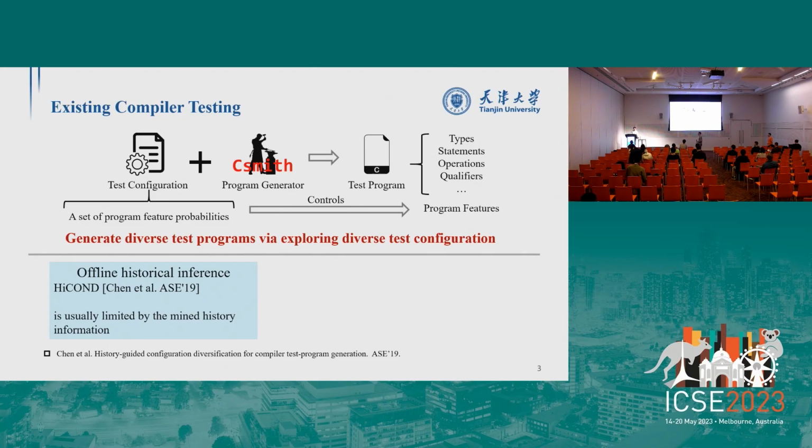Is this data sensitive, or do you not care about the data? For example, if the statement contains some constant, do you extract them or not? No, I don't consider it.